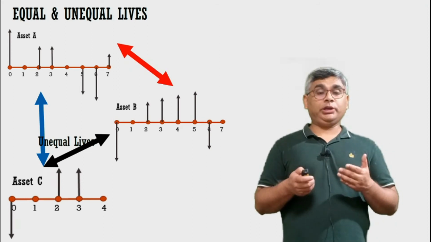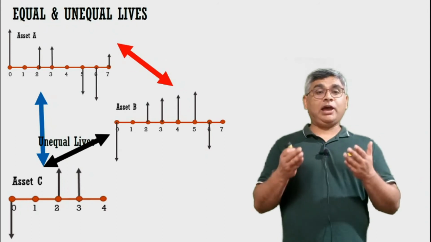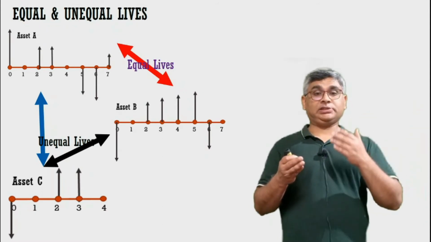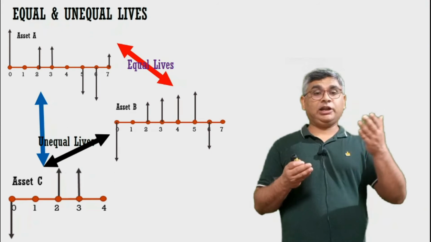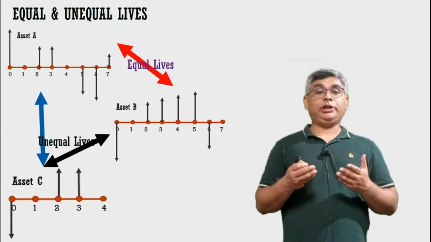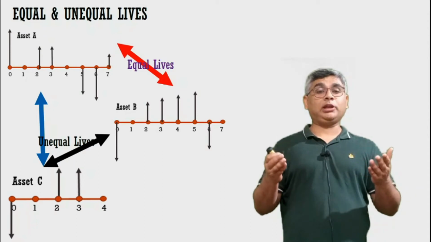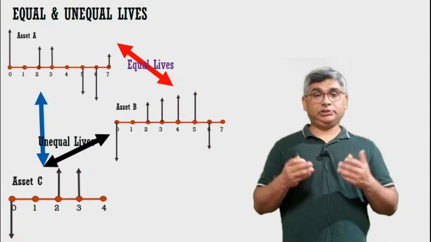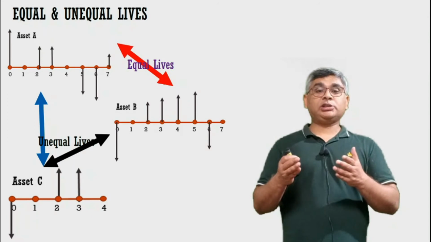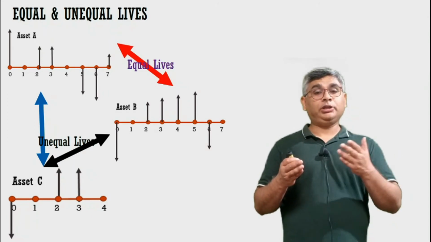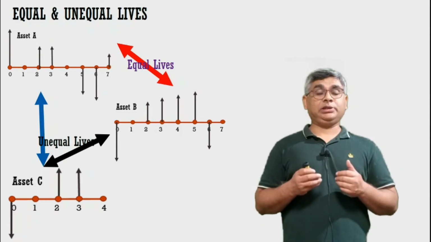That is shown here. For example, if we have a cash flow for asset B and asset C and we are comparing these two alternatives, both have the same economic life of 7 years. So this is an example of the comparison when we have equal lives of the assets.